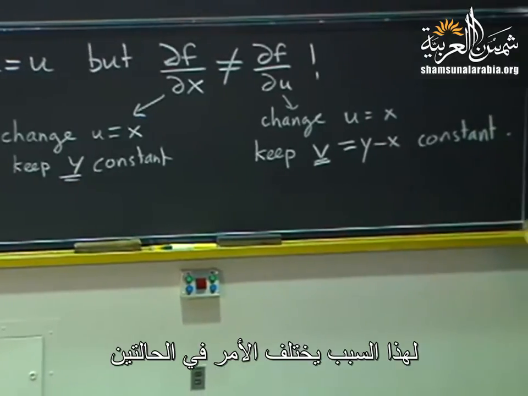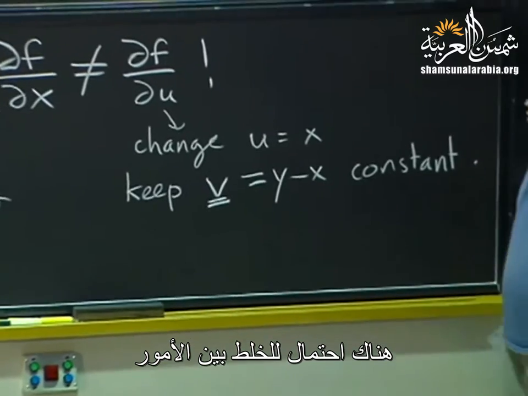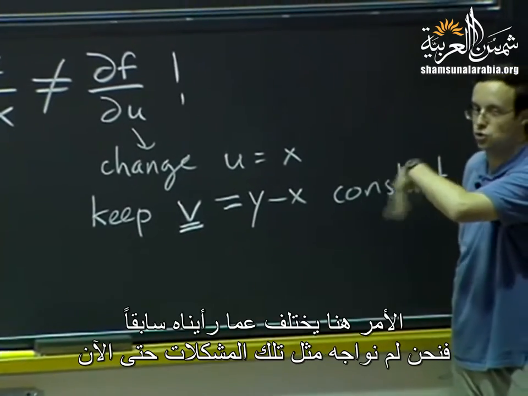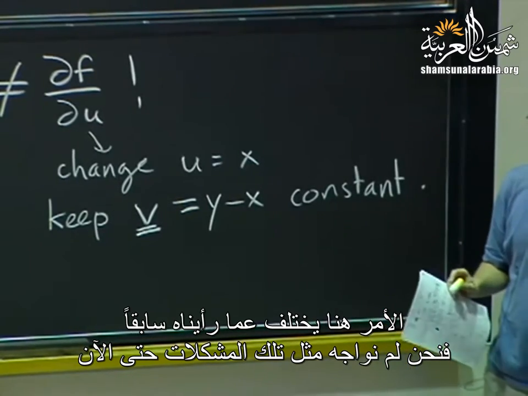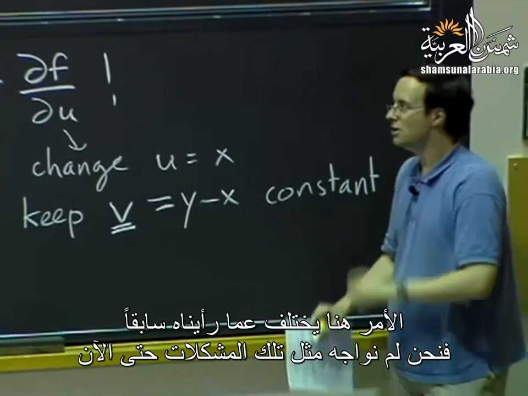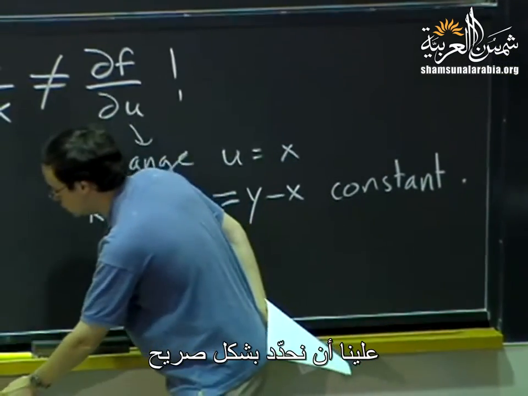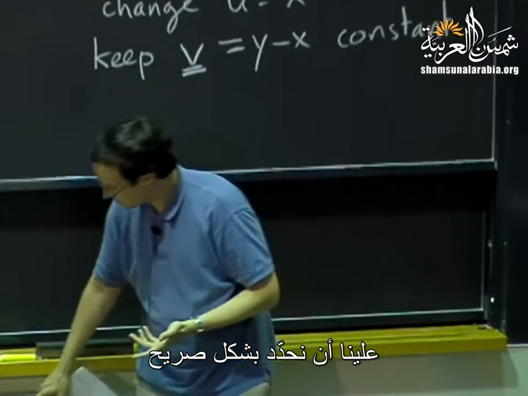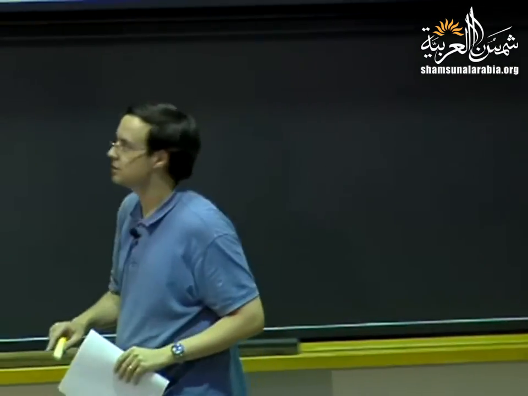And that's why they're not the same. So whenever there's any risk of confusion, not in the cases that we had before, because in what we've done until now, we didn't really have any problem. But in a situation like this, to clarify things, we'll actually say explicitly what it is that we want to keep constant.